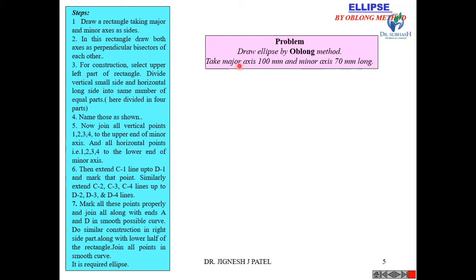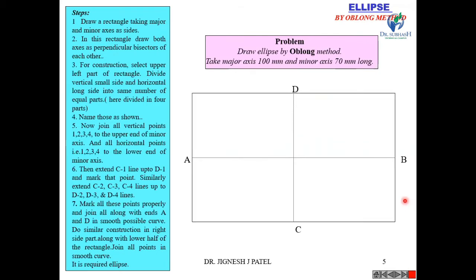Here the major axis and minor axis are given. So first of all, draw a line AB equal to 100 mm and a line CD equal to 70 mm, and complete one rectangle of 100 by 70 mm. Now we have completed this rectangle. The length of this rectangle is 100 mm and the height is 70 mm.